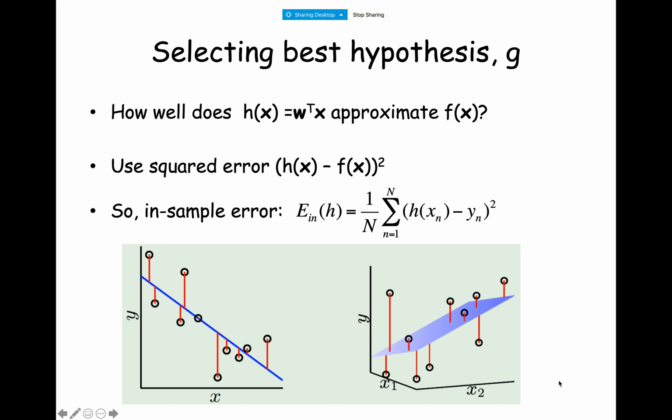In the frame on your right, we have a two-dimensional input representation. We have x1, which might be the number of years in residence, and x2, which might be the annual salary. The x1 and x2 are components of a single x vector.